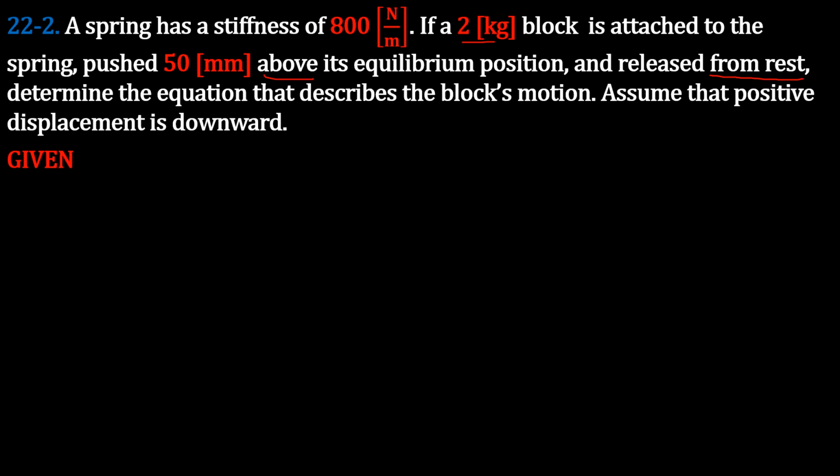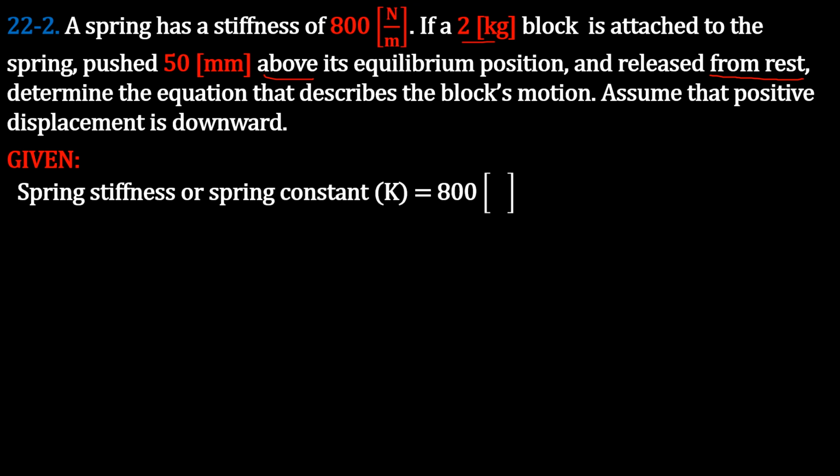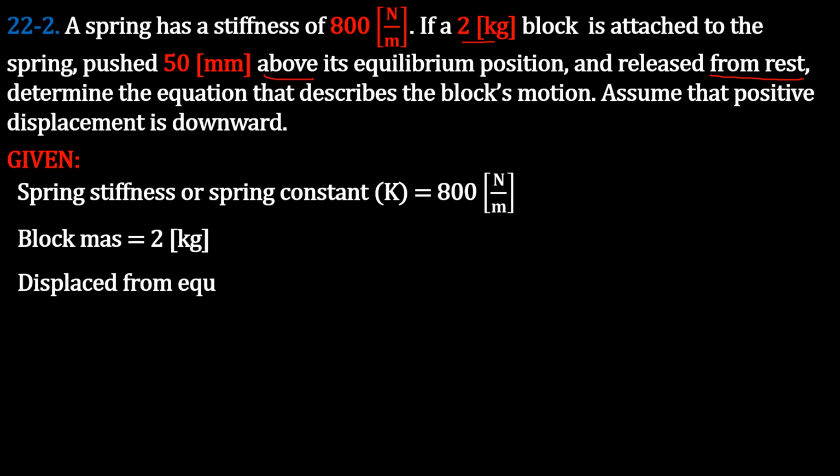So first thing, let's write what is given. We are given a spring stiffness, or spring constant, K, which is 800 Newton over meter. We are given a block of mass equal to 2 kilogram. This block of mass got displaced from equilibrium position a distance of minus 0.05 meter.